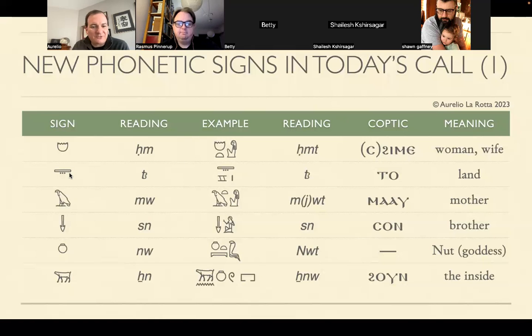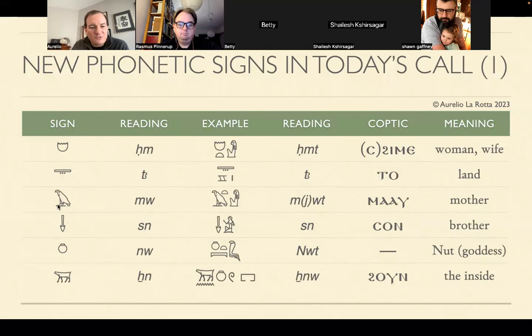Ta, the word for earth or land. I'm sorry, this is the sign. This is how the word is most commonly spelled, although you can leave the determinatives at the bottom off. They're not necessarily written for that word. It lives on as to in Coptic, so it must have been something like ta in late Egyptian.